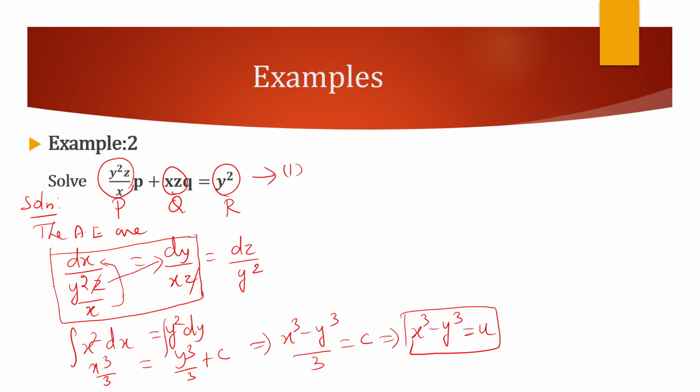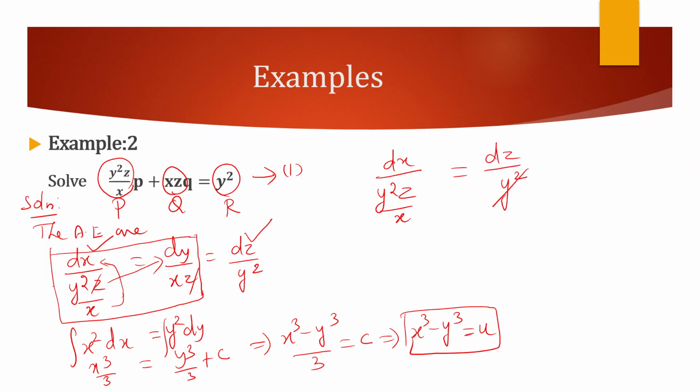Now to find the second solution, I'm going to consider the first and the third ratio, because in the first I have y square in the denominator, and similarly in the third also I have y square in the denominator. That is dx by y square z by x, my first ratio, and my last ratio is dz by y square.